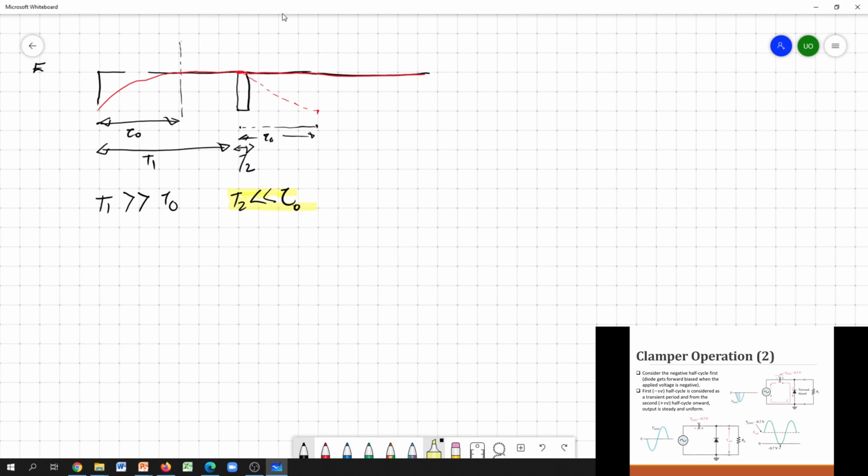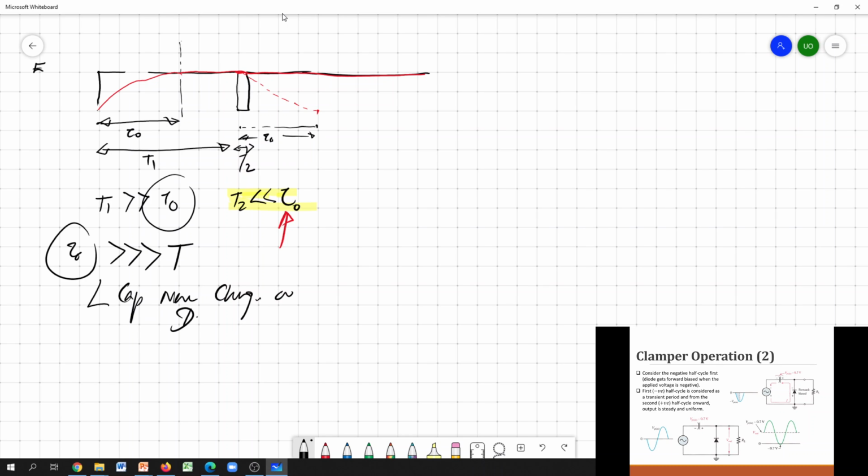It means tau naught is much larger than the switching period T2, so we can assume the capacitor never discharges. Similarly, tau naught gives an indication of the charging and discharging time, and if it is very large compared to the switching period, we can argue that the capacitor never charges or discharges.